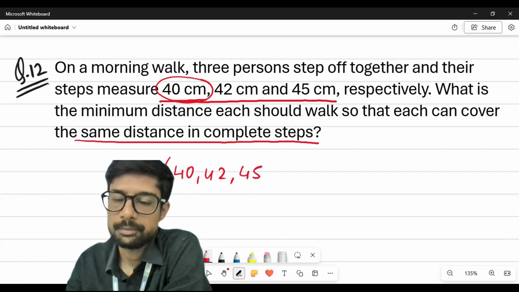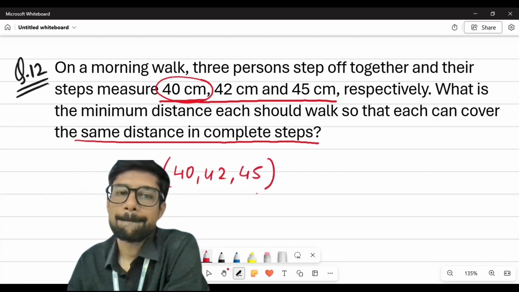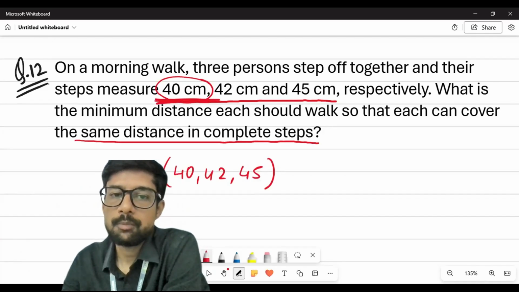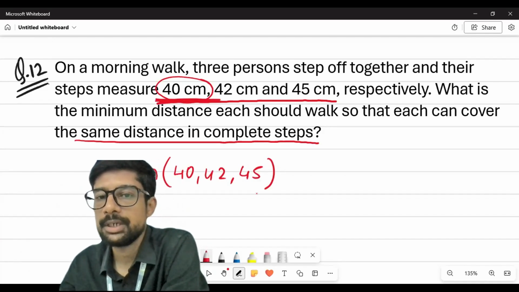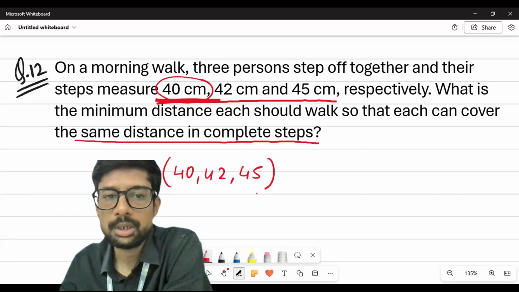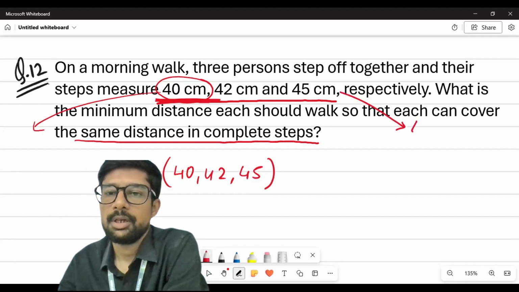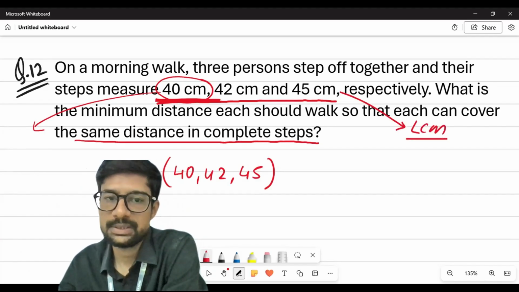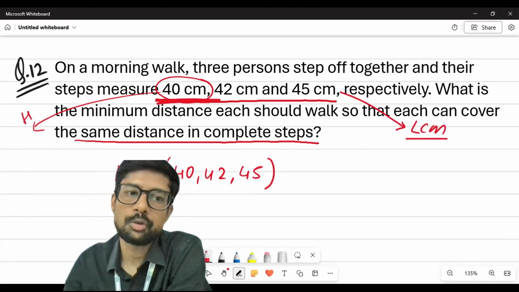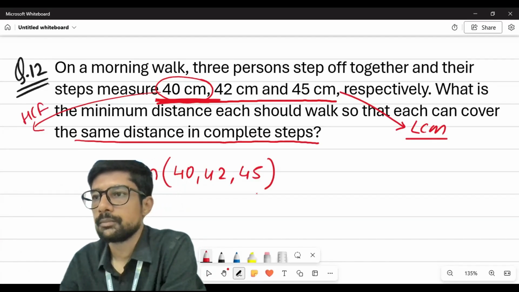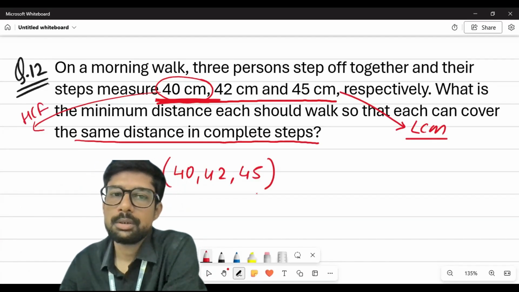Find it. From the word problem, you have to decide whether you need the answer to be smaller than all of them or bigger than all of them. If we want it bigger, we'll go with LCM. If we wanted a smaller one, we'll go with HCF. Okay.